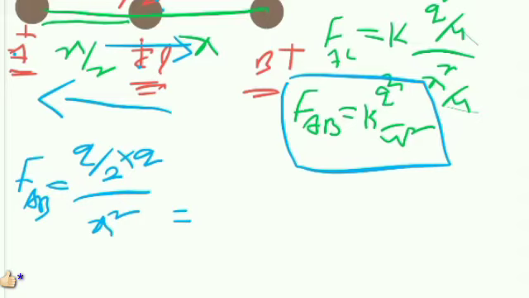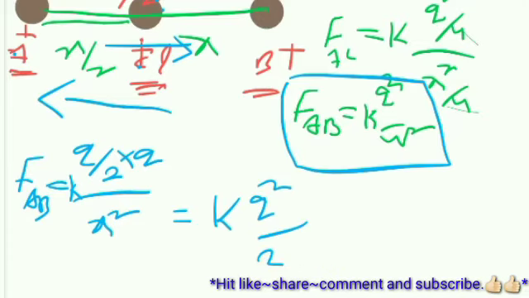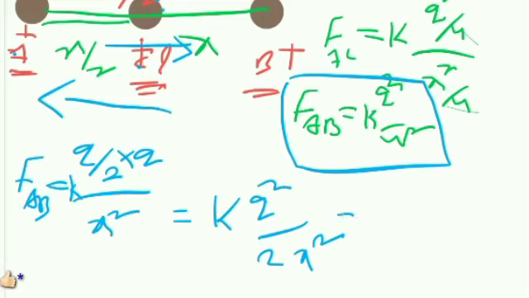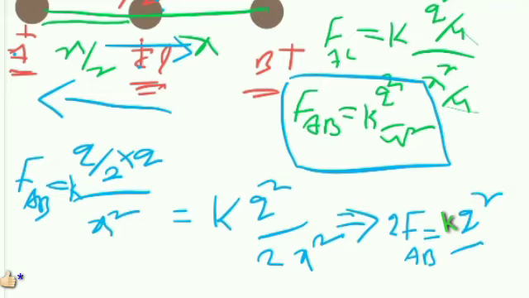Then F is equal to K into Q square by 2 x square. Now this I can write as K into 2 F AB is equal to Q square by x square.